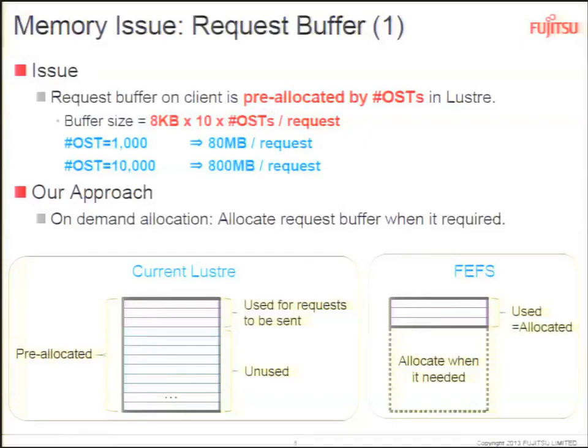For example, with a buffer size of 8 kilobytes times the number of OST requests, when we use 1,000 OSTs, 80 megabytes per request is required. For 10,000 OSTs, 800 megabytes per request. Because we limited the whole memory to within 1.6 gigabytes, this is half the amount of memory. It's very terrible.